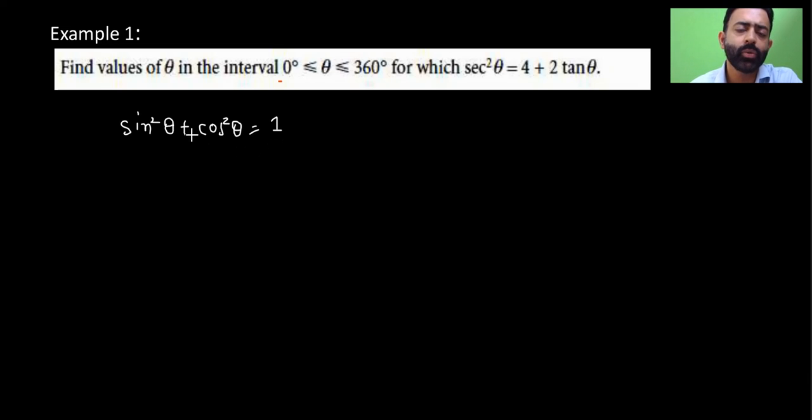So we can derive two new identities from your basic identity, sin squared theta plus cos squared theta equal to 1. The first identity I am deriving by dividing this identity with cos squared theta.